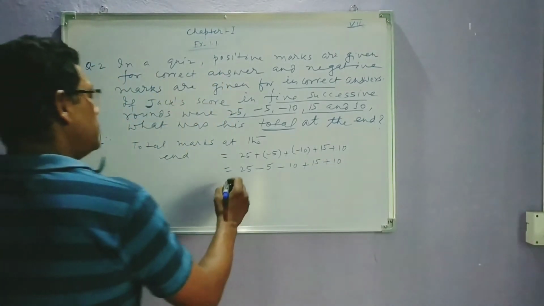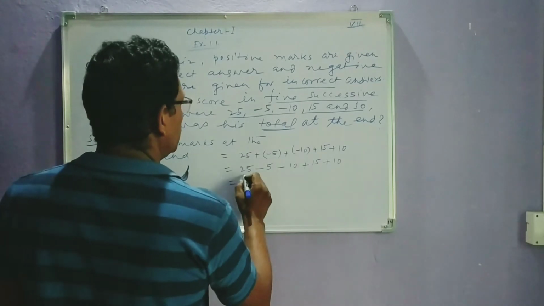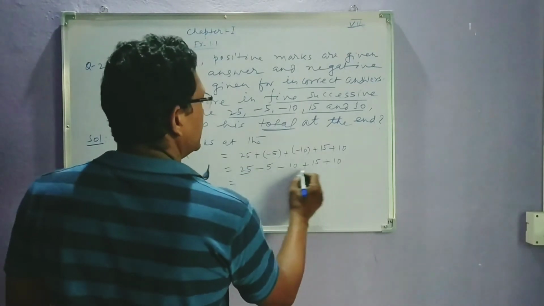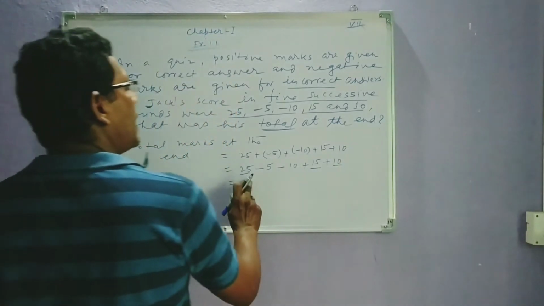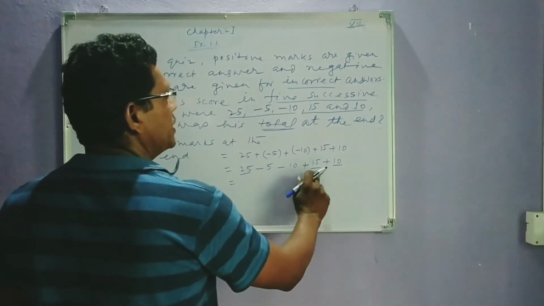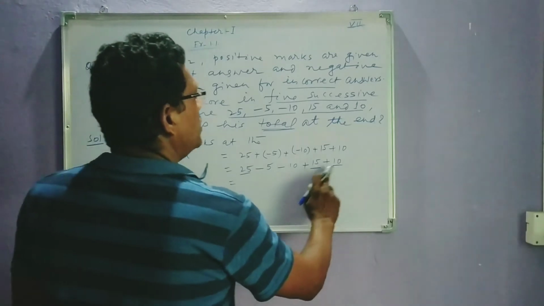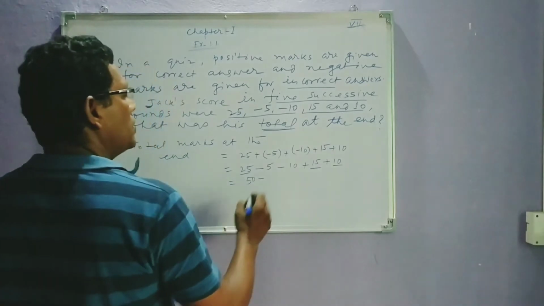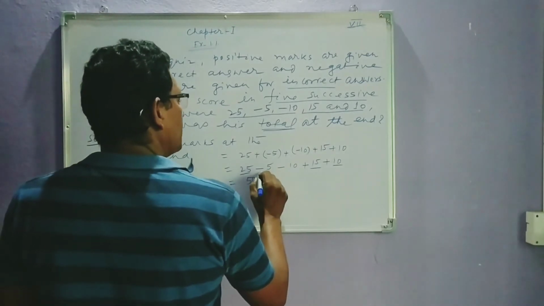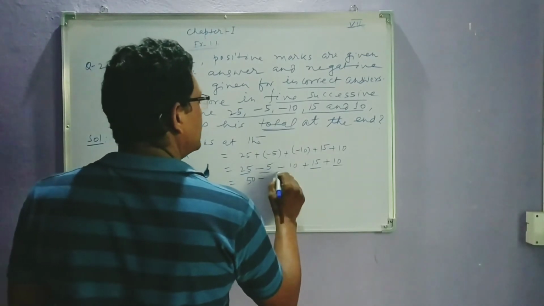Now you add all the positive numbers, 25, then 15, then 10. So 25 plus 15 will give you 40. 40 plus 10, 50. Now you add the negative numbers, minus 5, minus 10.